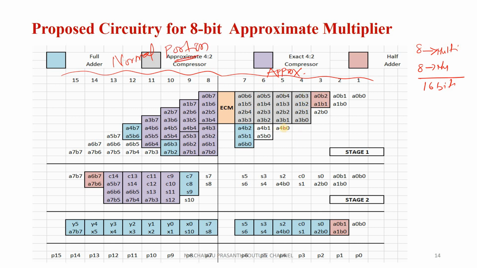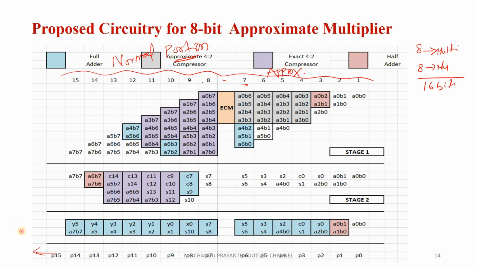Why am I calling this the approximation portion? Because in this portion I am using the approximate designs. That's why I call it the approximate portion. Here I am multiplying two 8-bit numbers, a multiplier and a multiplicand, and totally we get a 16-bit output, bits 0 to 15.